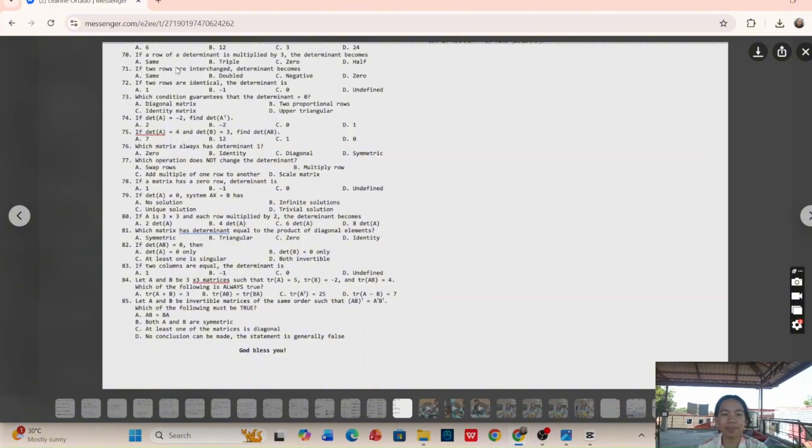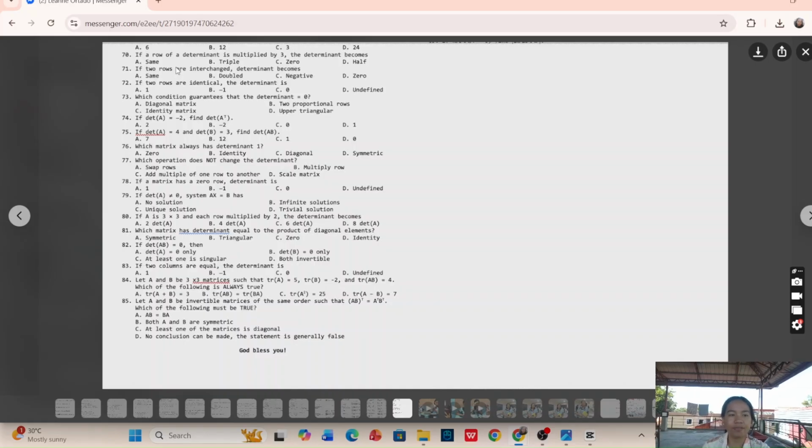Number 70. If a row of a determinant is multiplied by 3, the determinant becomes A same, B triple, C 0, or D half. So if a row of a determinant is multiplied by 3, the determinant would become tripled.